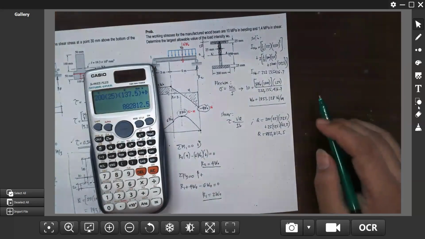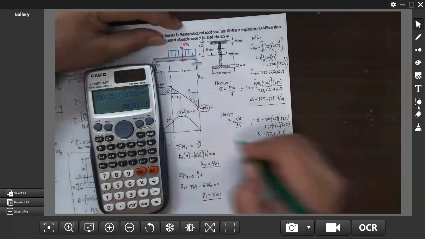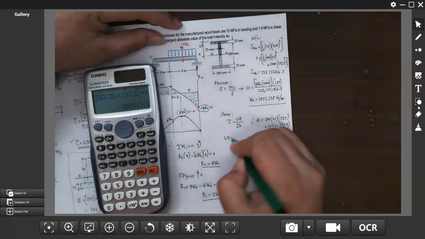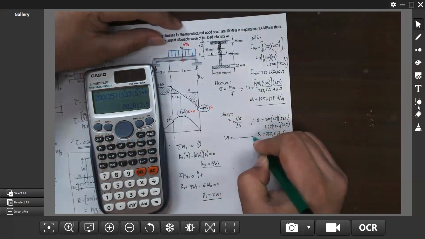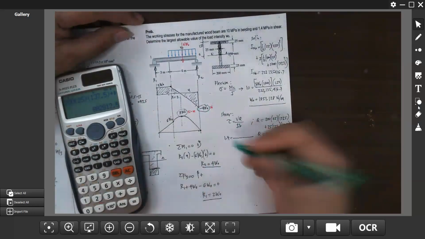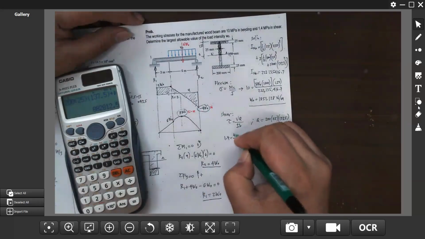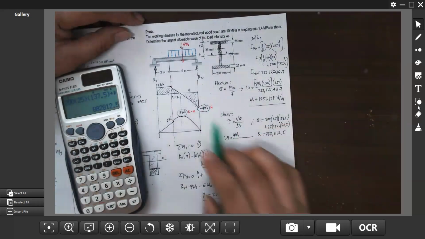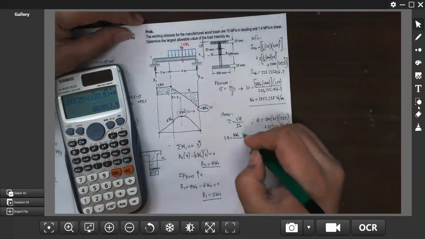So, ang atong shear stress is 1.4. So, it's 1.4 equals V. Ang V na to is 4W. Just disregard the sign. Newton naman na, no need to convert.